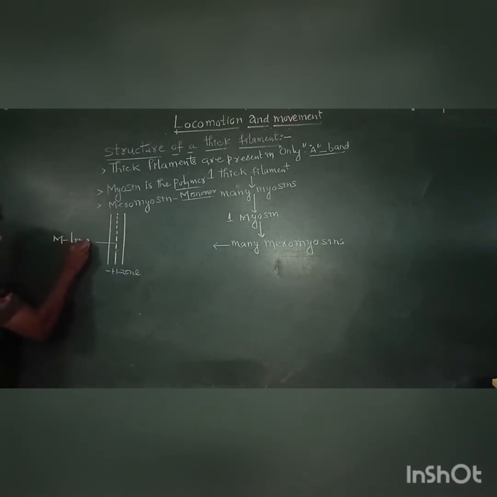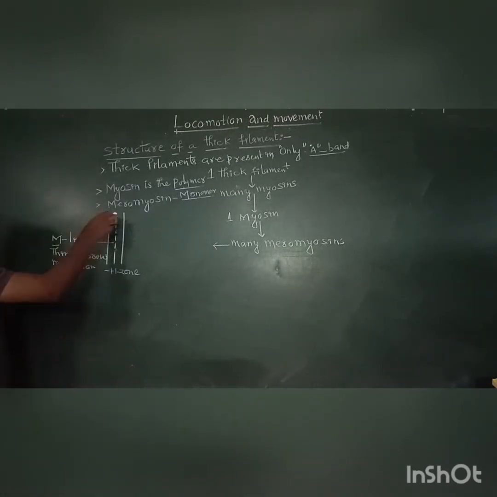What is the property of the M line? The M line is a thin fibrous membrane present at the center of the H zone.